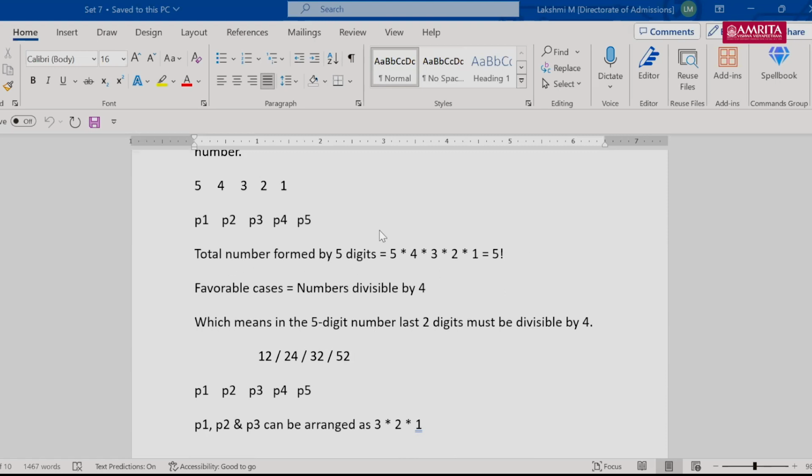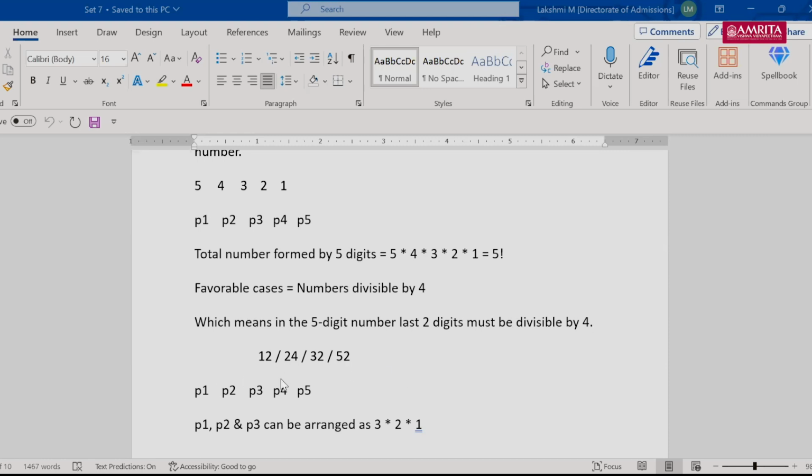Kaushik, just listen. The first part is the total number, so it will be 5 factorial. The second case is you need to find the favorable cases. The question is asking it to be divisible by 4. So for divisibility by 4, you need to take care of the last 2 digits. Those numbers are 12, 24, 32, 52.